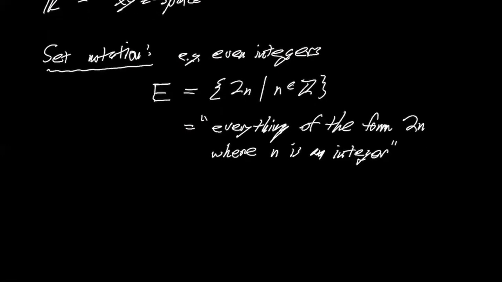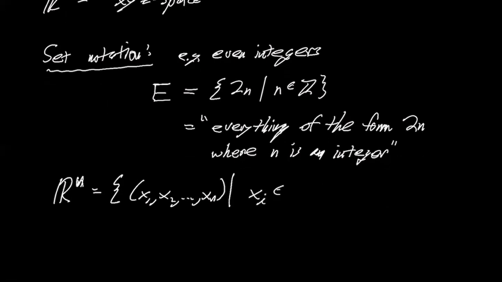So just as another example, you could think of Rn as the set of all n-tuples x1, x2 through xn, where each xi is a real number for all i. And that's the standard way we write it.